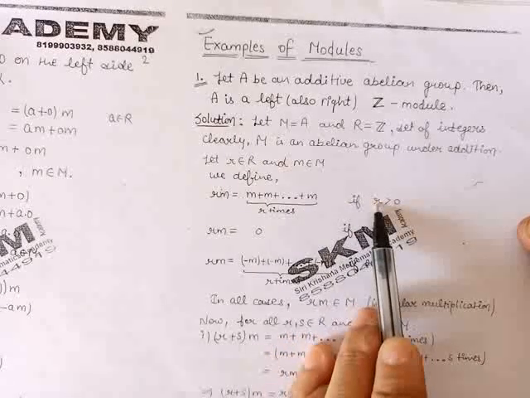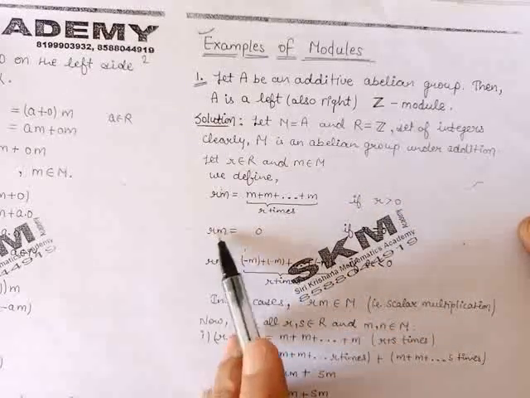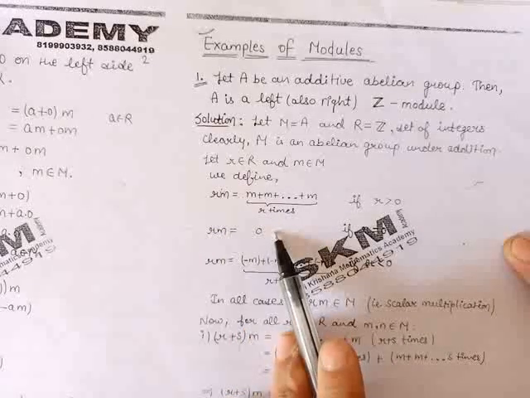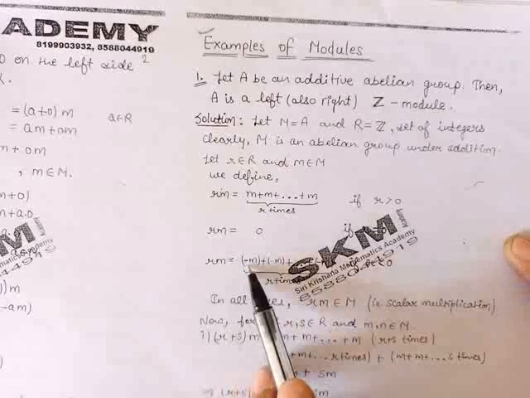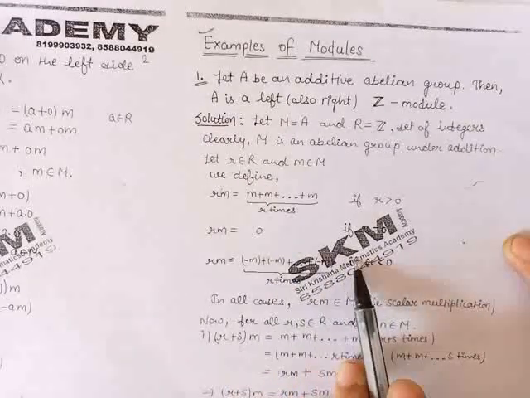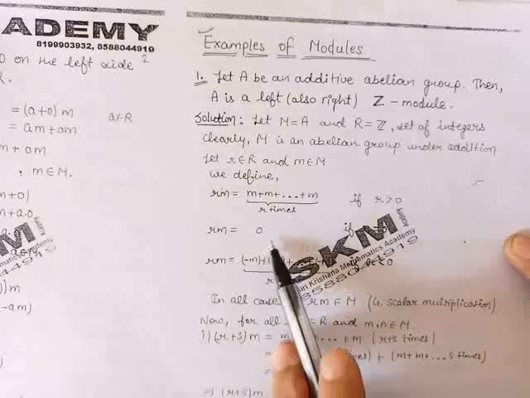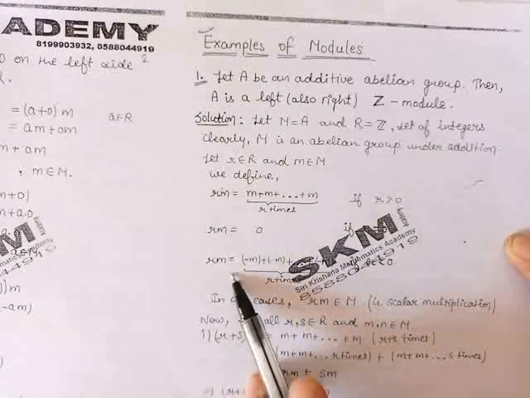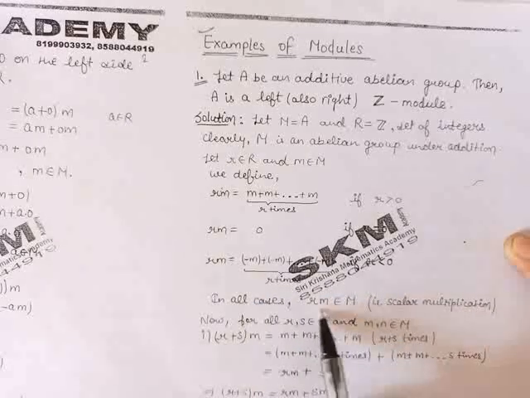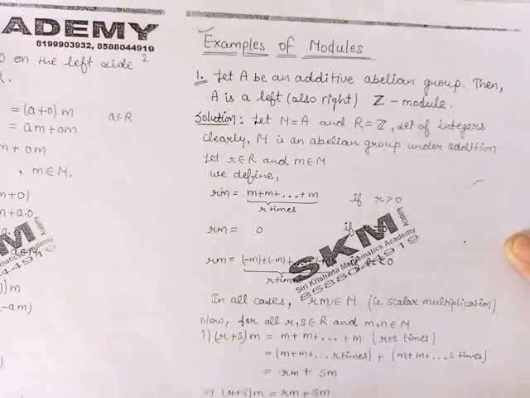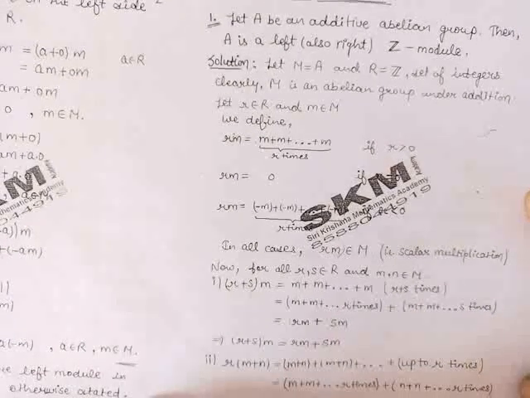If r is 0, then we define rm to be 0, and if r is negative, we define rm as minus m added r times. So we have defined the scalar multiplication in all the cases, and in each case this scalar multiplication rm belongs to M. Now we are to verify the other 4 conditions.